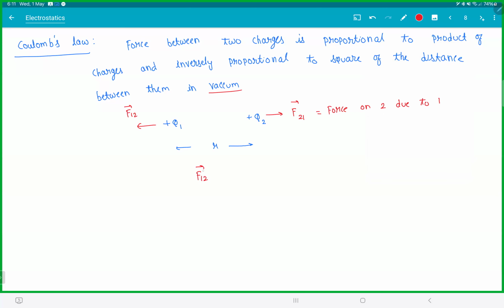So F12 will be minus of F21, Newton's third law. And this magnitude F is given by K Q1 Q2 by r square. We'll directly jump into the values. 1 by 4 pi epsilon, Q1 Q2 by r square. We are lazy people, so we'll write it as K Q1 Q2 by r square.